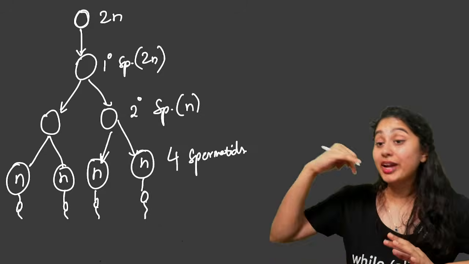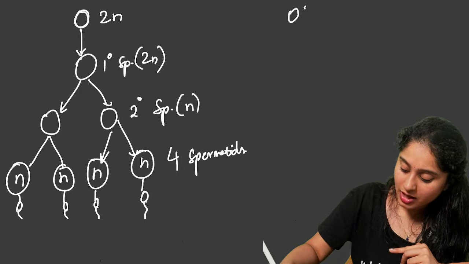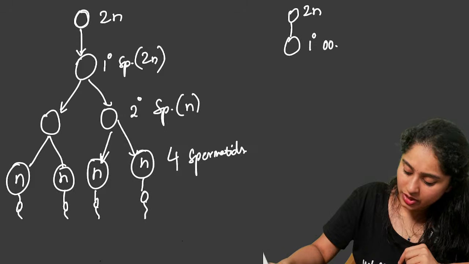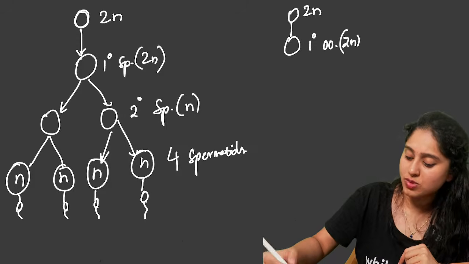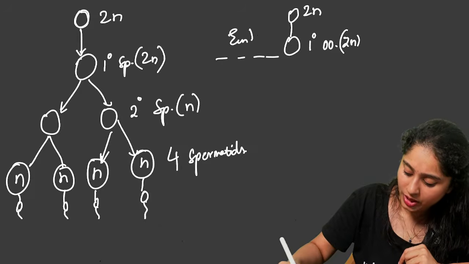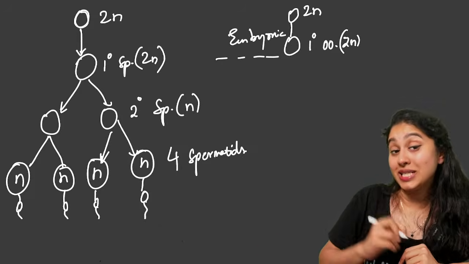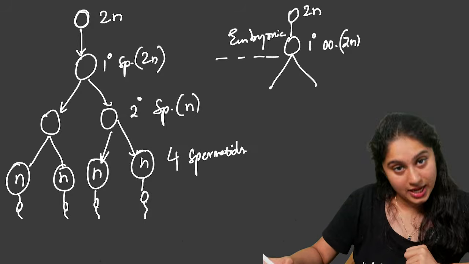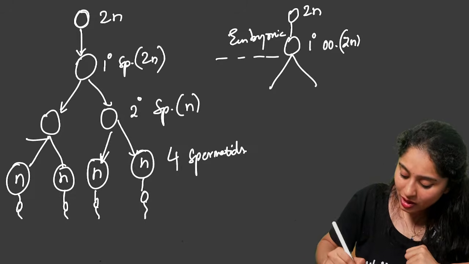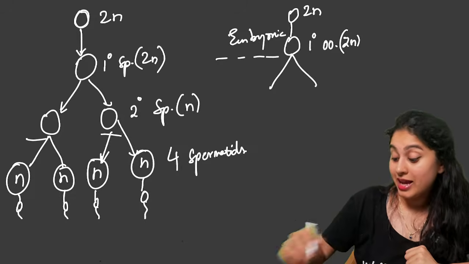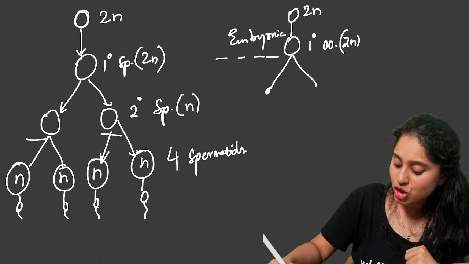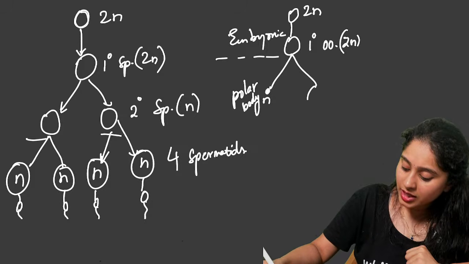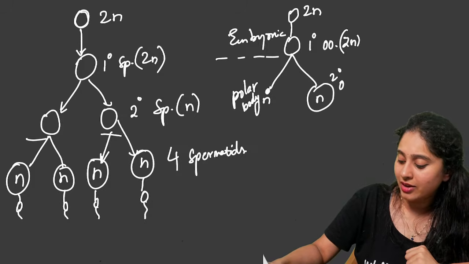Now if you look at oogenesis, same thing. It starts with 2N. Then I have a primary oocyte, which is 2N number of chromosomes. Here itself, this is embryonic. Now is the point. When this is dividing into a secondary oocyte, it will not be equal like it is in the case of spermatocyte. Instead, one small N polar body is released and the other one is forming a secondary oocyte.